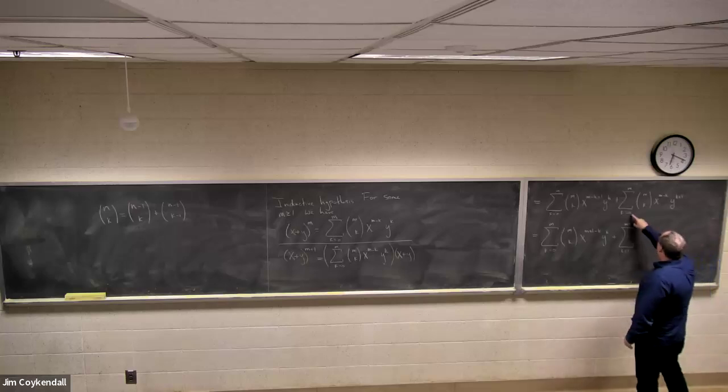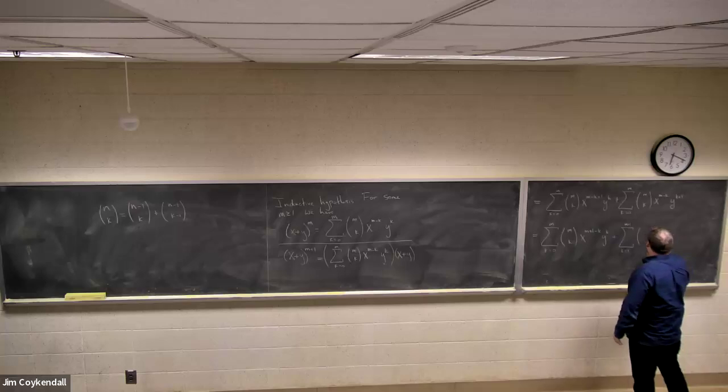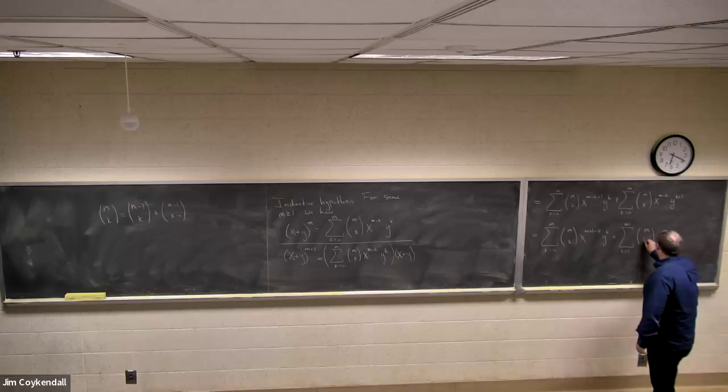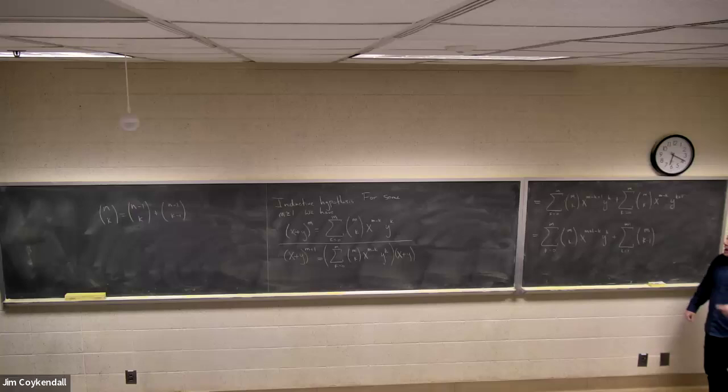Well, when I change the index, that m's got to stay the same. But what changes in the bottom? Instead of k, what should I have? K plus one. K minus one. Why minus one? Because you're starting at one instead of zero.